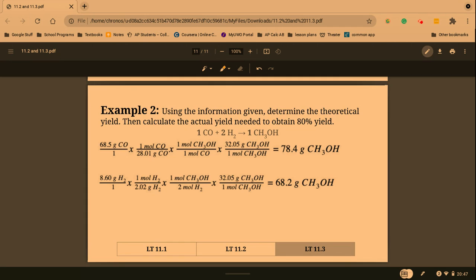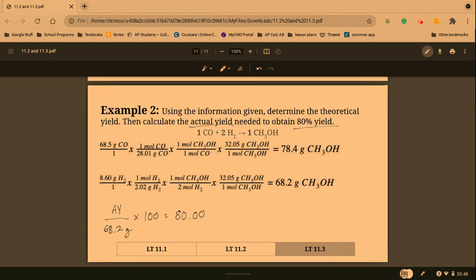And so now something similar, except we're trying to figure out what the actual yield would need to be if they give us the percent yield. And so we're taking the actual yield, which we don't know, divided by whichever of these is smaller, which is the 68.2. Multiply times 100, it's going to equal that 80.00.